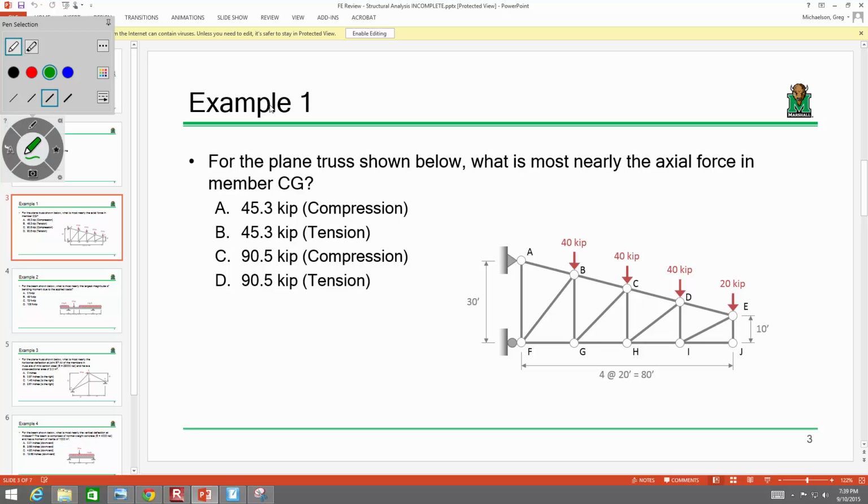from just looking at it from the very beginning? Now we've gone through, is there a way to get C right off the bat just by looking at it? I'll say this. It's a little more difficult for the internal diagonals as it is for the top and bottom chords. Okay?